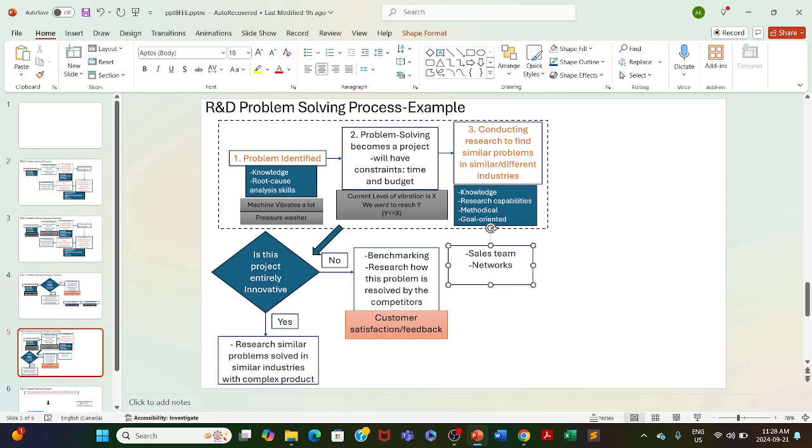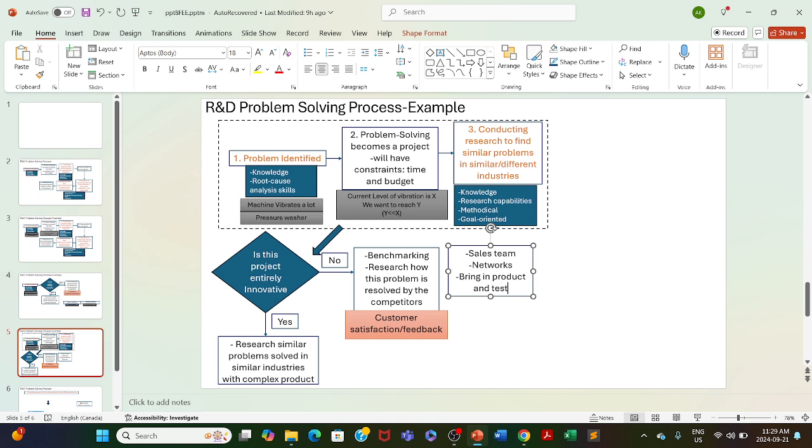We can definitely bring in the competitor's market product and perform tests and see what is there, and then we can try to integrate.